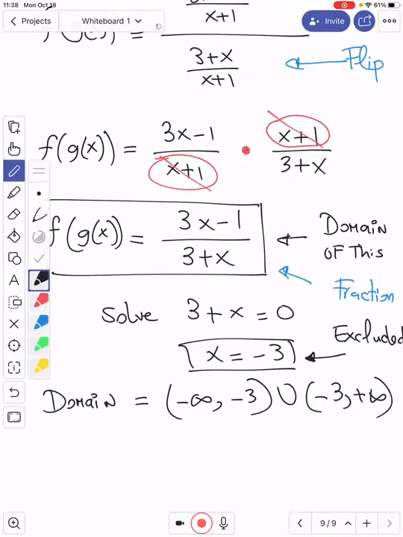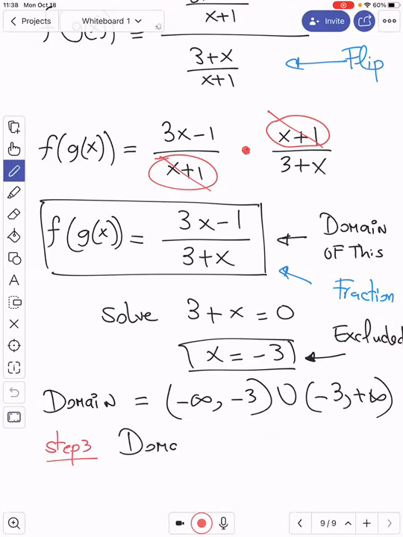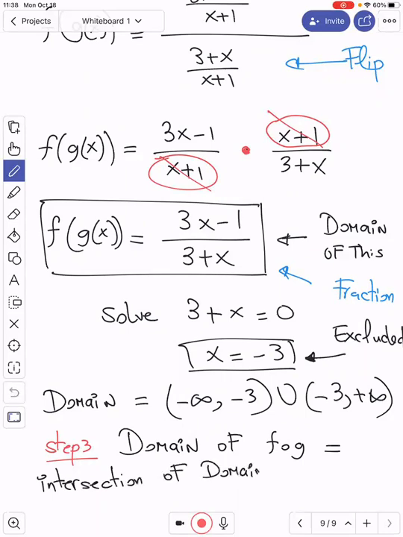So the final answer, domain of f composed with g, we exclude both -1 and -3. So step 3, domain of f composed with g, the final answer, will be the intersection of the domains in the first and the second step.